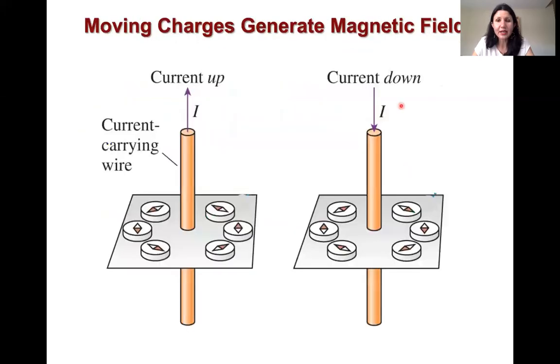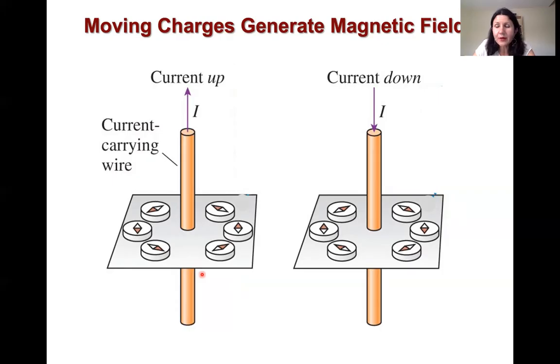So if you take a wire, here's a depiction of a wire which is carrying current, and the way this wire is oriented, you can imagine that this current is flowing upwards. If you put a bunch of little compasses around this wire, it turns out that they are affected by this current. What does that tell us? That this current is creating a magnetic field, because these compasses line up in a very particular way around this wire.